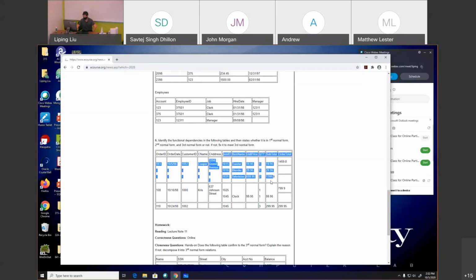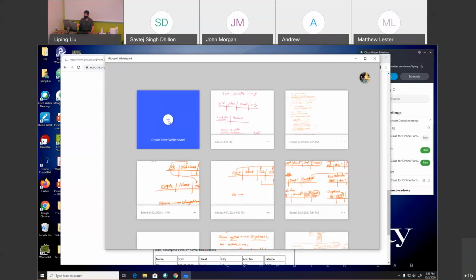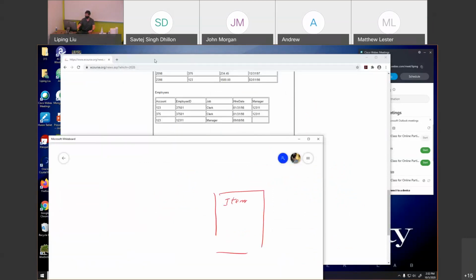So if we're going to do a weak entity, what does it look like? Let me just do that, okay? So let's create a new whiteboard here. You are going to create something maybe just called item. Let me put the question up here so that you can see what I'm talking about.